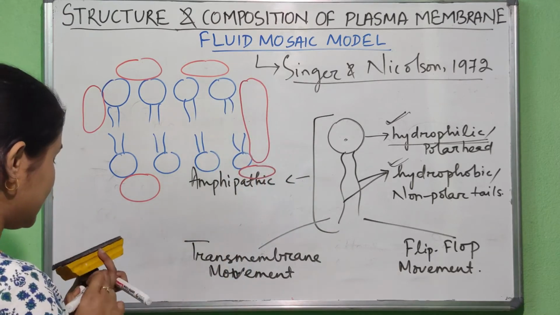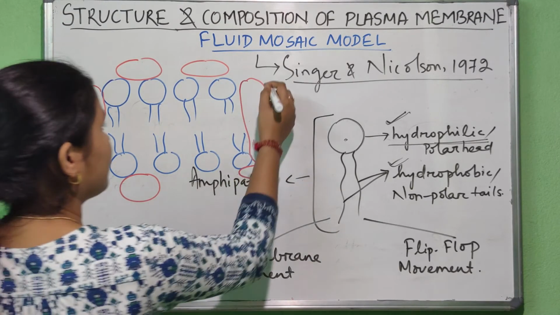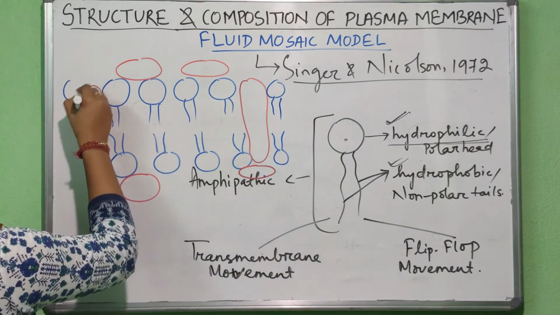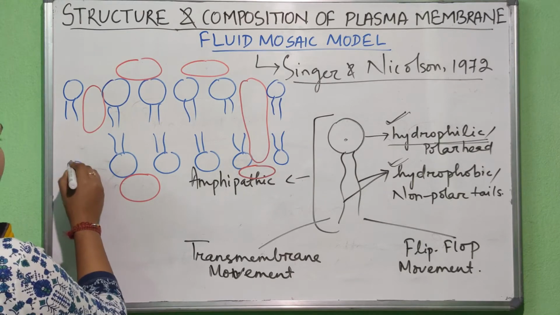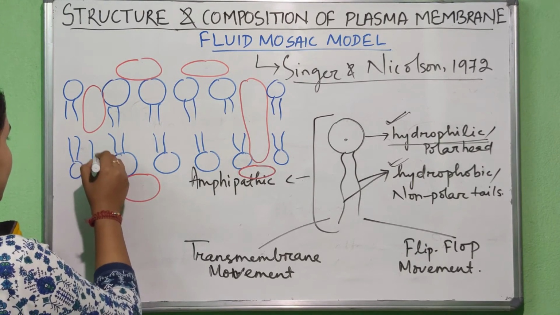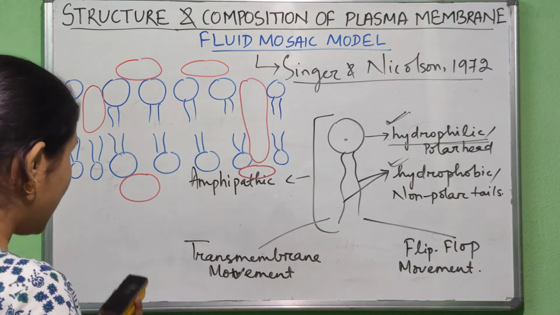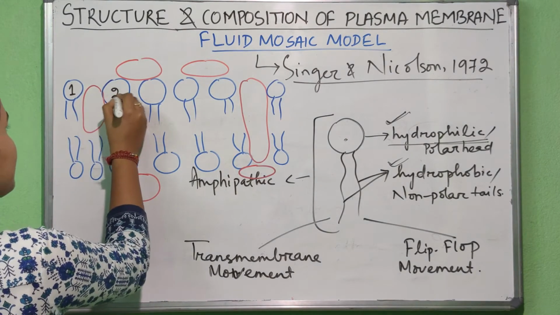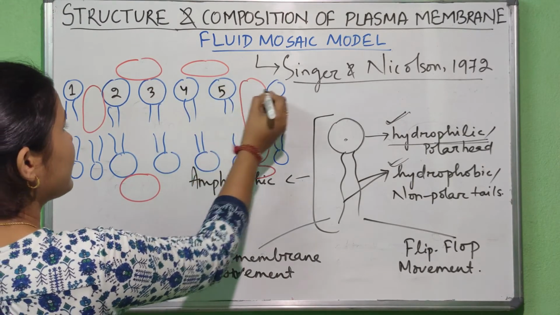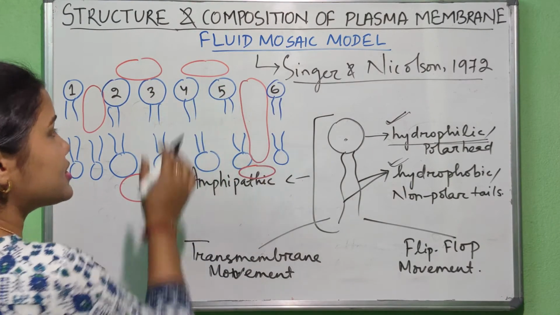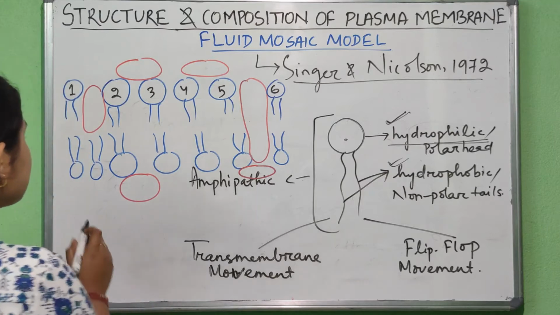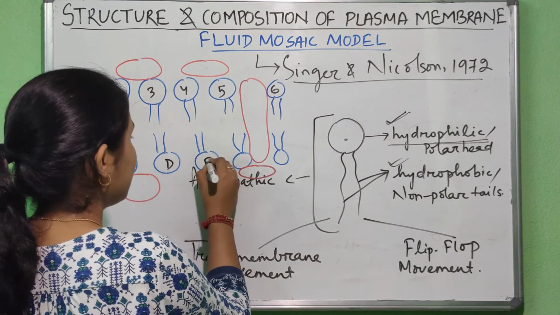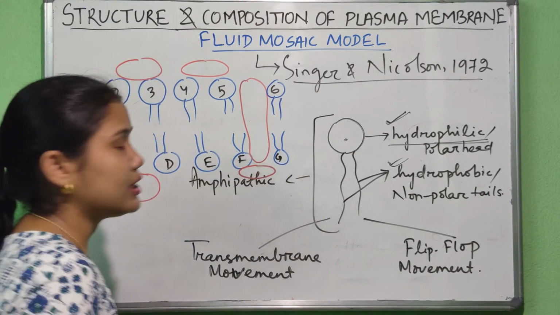Let me extend the drawing. So let's number these lipids. This is lipid number 1, 2, 3, 4, 5 and 6 in the first layer. And in the second layer, let us name them A, B, C, D, E, F and G.